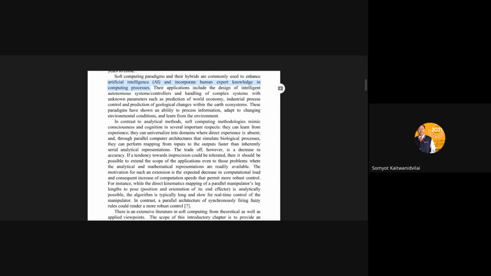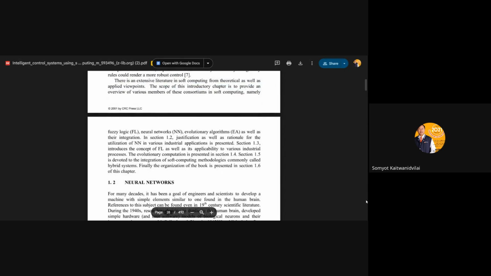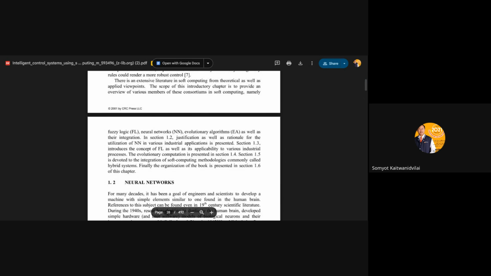And the next one is a hybrid between these techniques. I think if you study these, it covers more than 70% of AI and also the application to our control. Okay, so today I will show you about, lastly, neural networks.